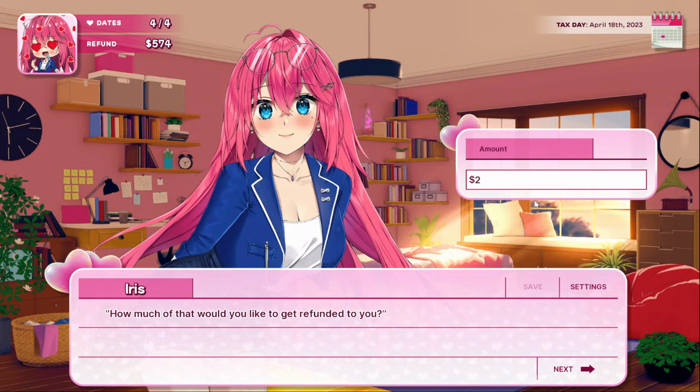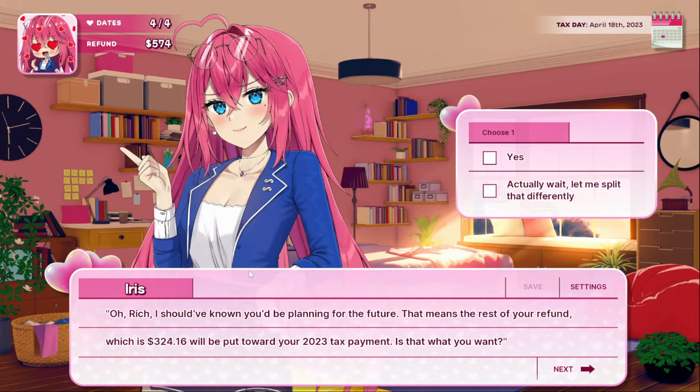Let's go half, like 250. Okay. And I guess the remainder will be carried forward to next year. Oh, Rich, I should have known you'd be planning for the future. That means the rest of your refund goes toward your 2023 tax payment. Is that what you want? Yes.